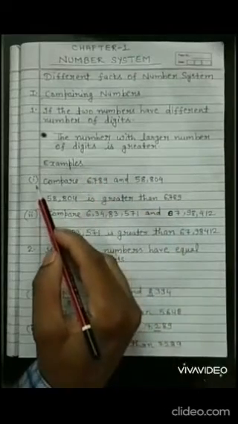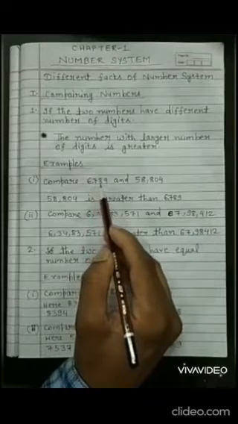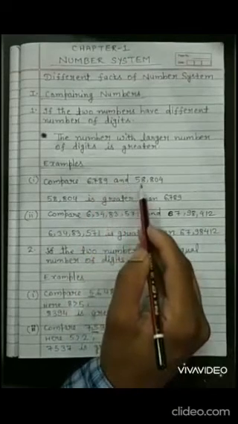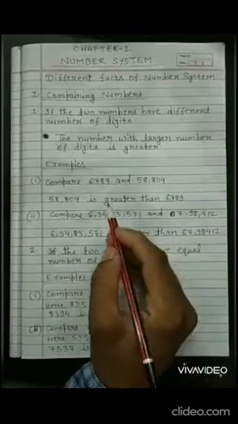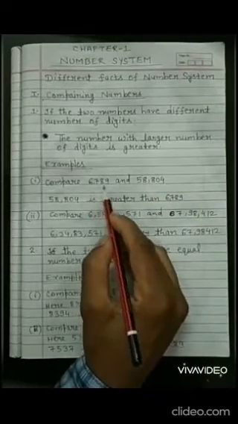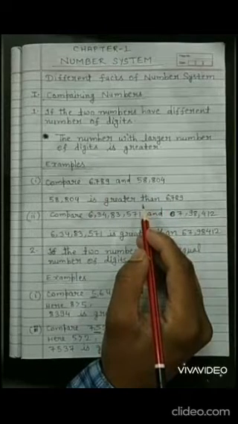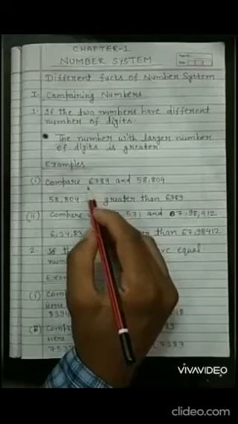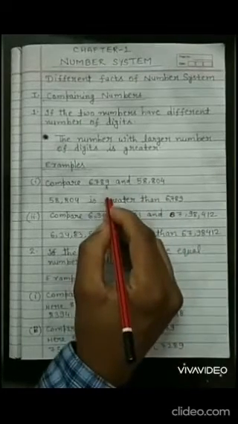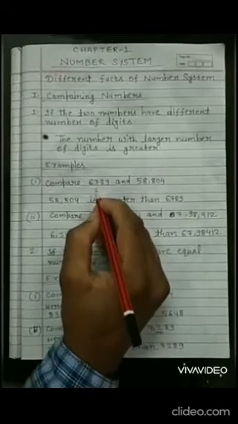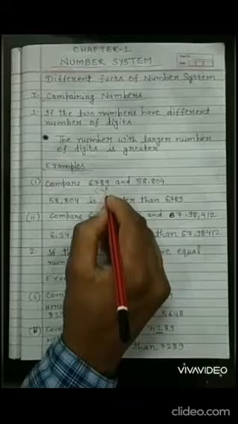The first example is compare 6,789 and 58,804. We have to compare these two numbers. First we have to see the number of digits here and the number of digits here. In this number, the number of digits is 1, 2, 3, 4. Here the number of digits is 4.